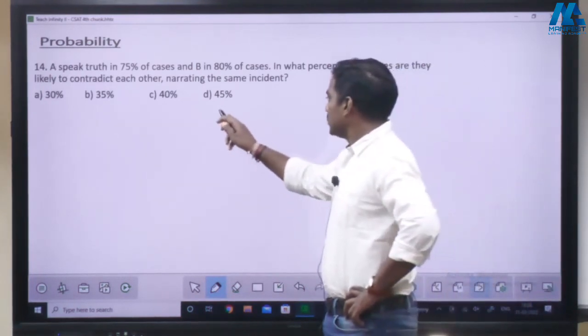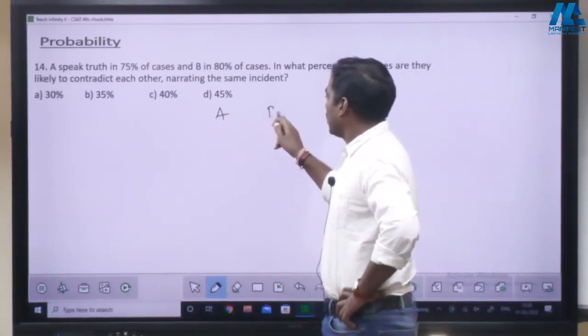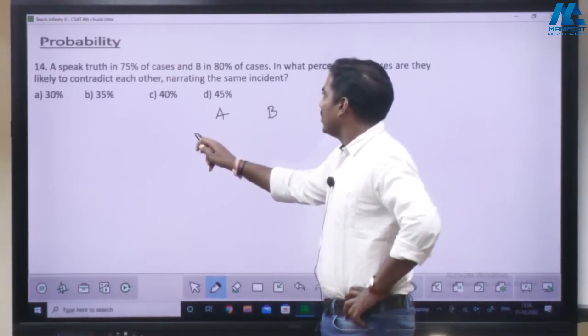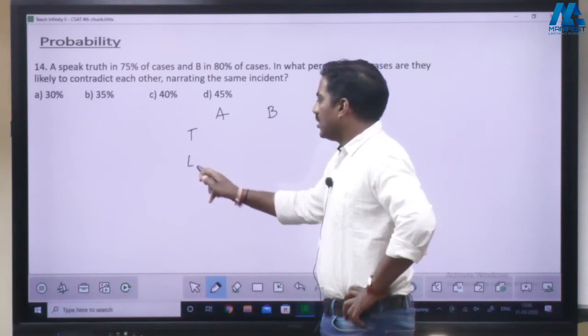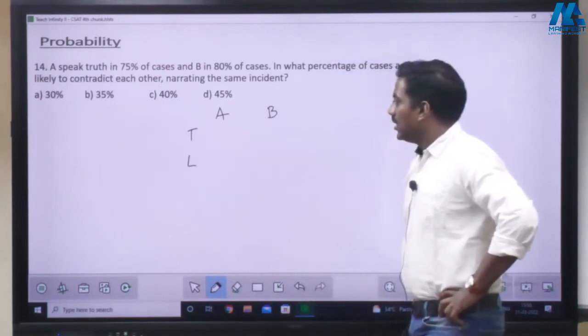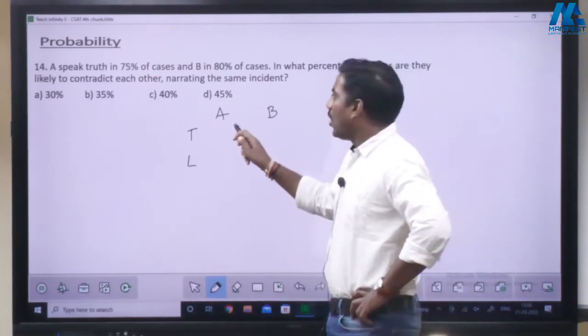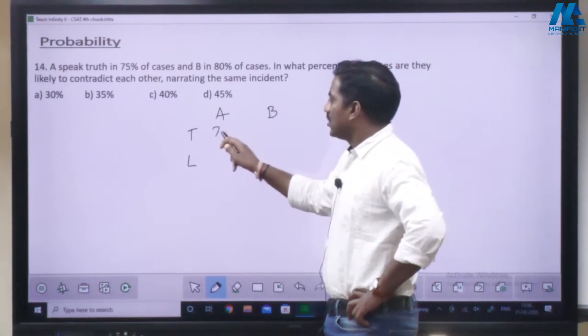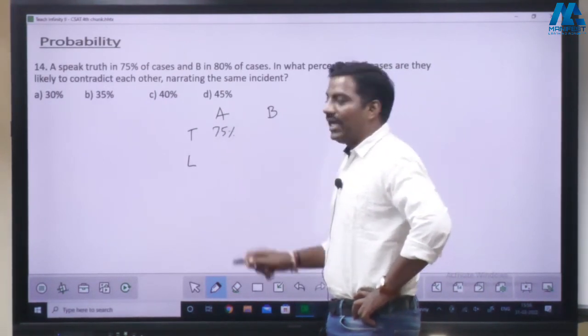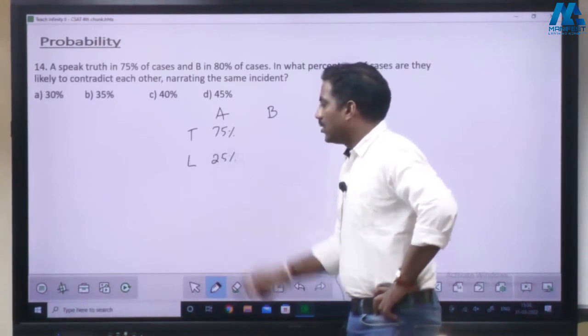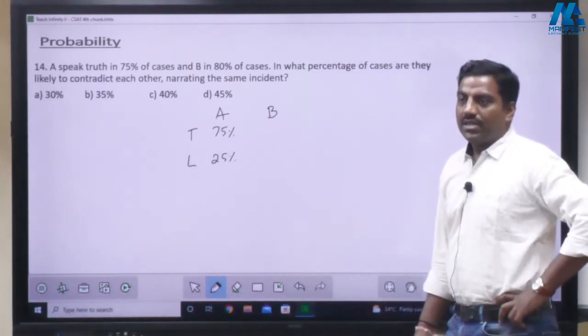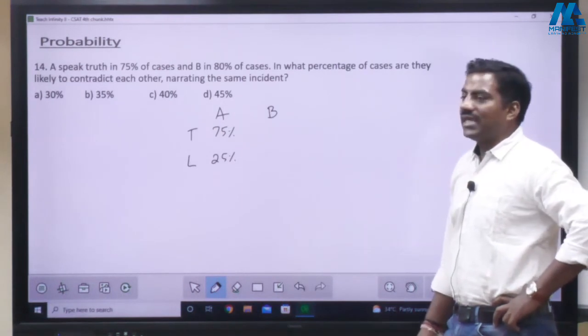A and B. A speaks truth and he lies. So A speaks truth in how many cases? So what are the chances of him lying? 25%. B, how many cases he tells truth?